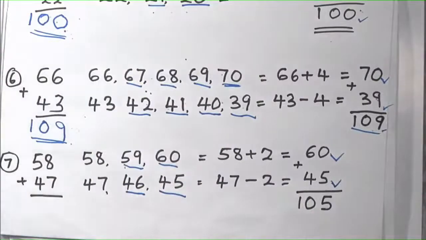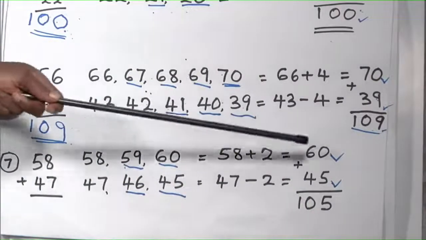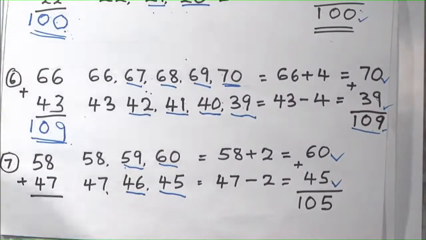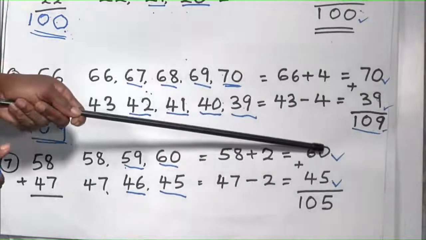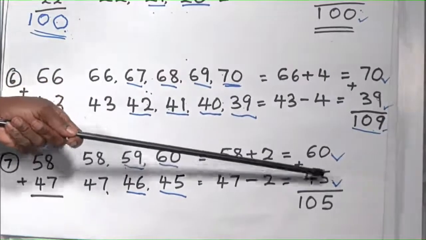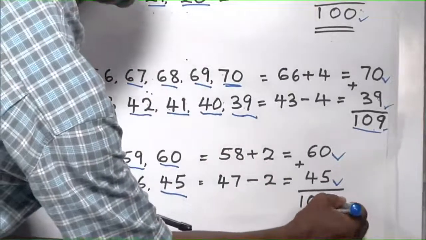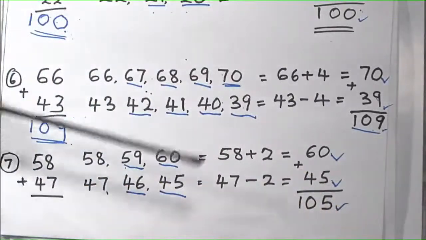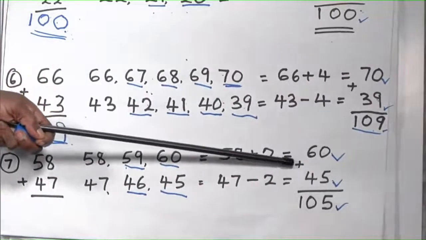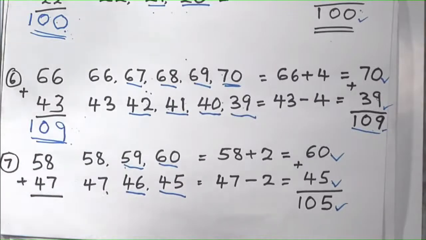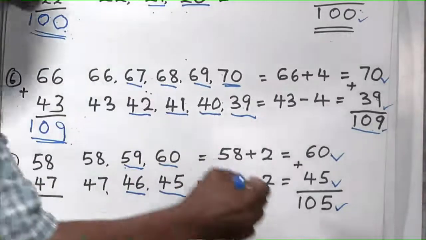Now we have 60 to add to 45. 0 plus 5, that will give us 5. Good. Then 6 plus 4 will give us 10. Good.